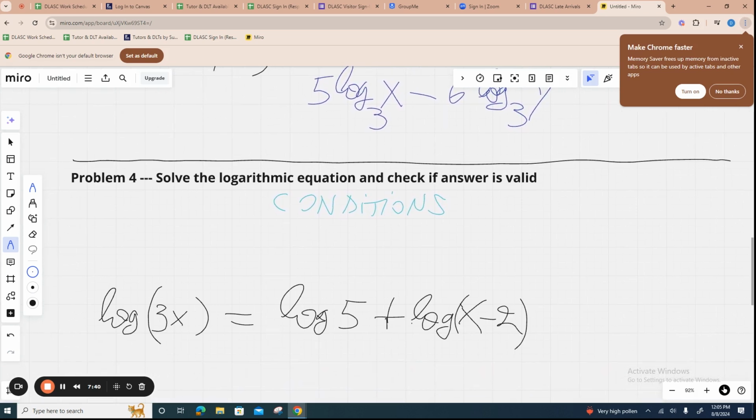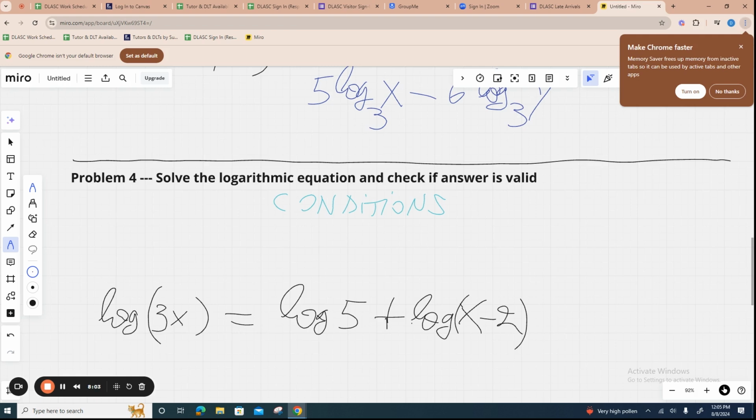And we got some logarithms involved. But this is the basic log. Log of 3x, which is the log base 10, right? Log of 3x is equal to log 5 plus log of x minus 2. And we're going to apply some of those same rules to see what we can do. But you see that I have in light blue the word conditions. You see, you can only take the log of a positive number.